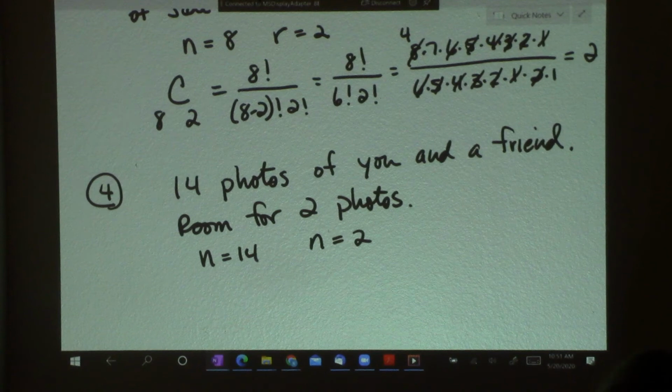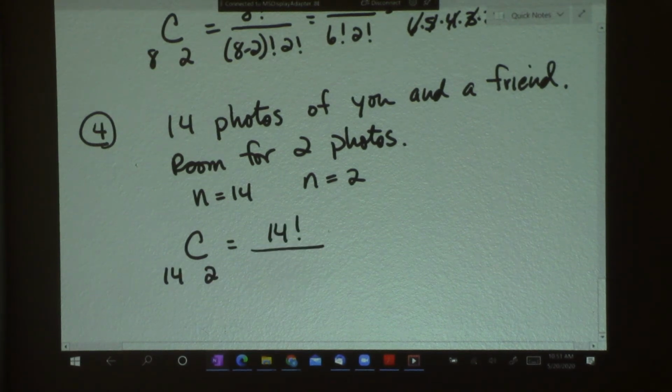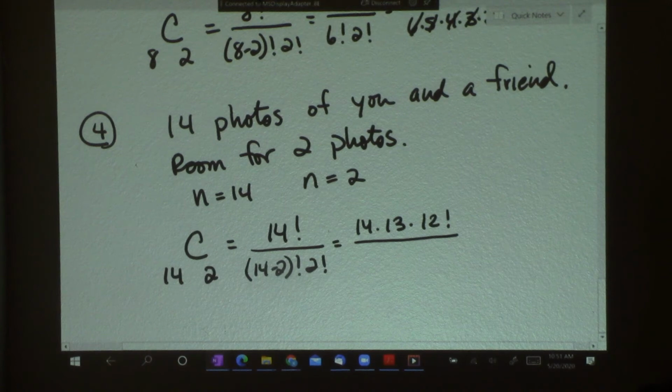Order doesn't matter. Okay, so we've got C of 14 to 2, which is 14 factorial over 14 minus 2 factorial times 2 factorial. So this works out to be 14, 13, 12. I'm going to leave it at 12 factorial because what's 14 minus 2?